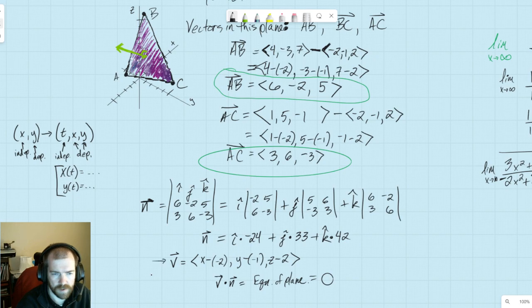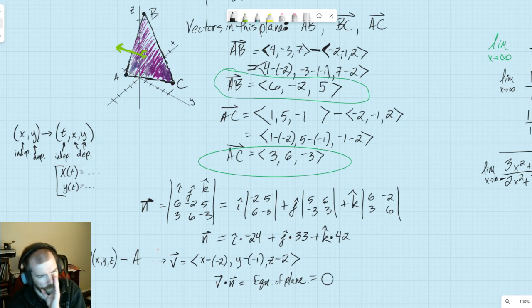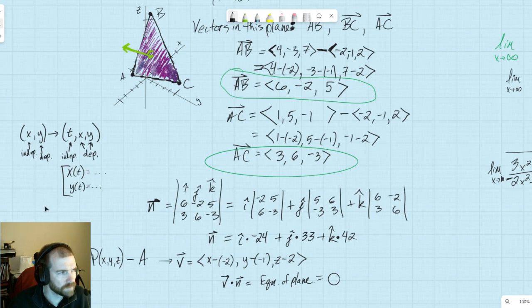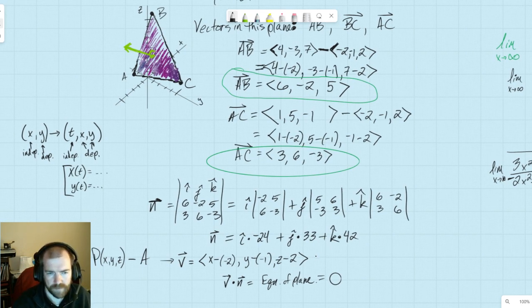So this is going to be P, which is just x, y, z minus A. By 33 by 42.